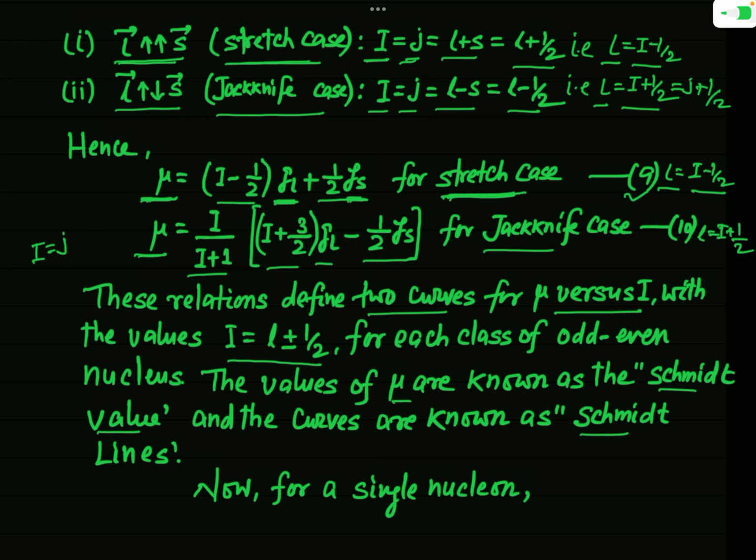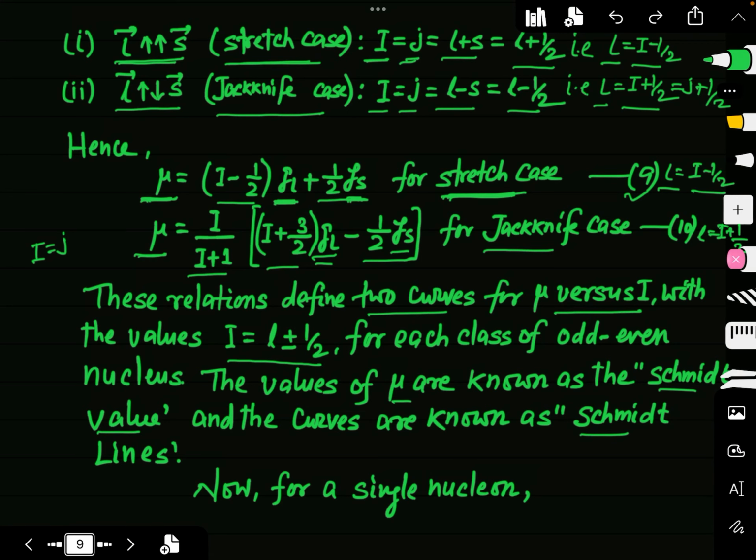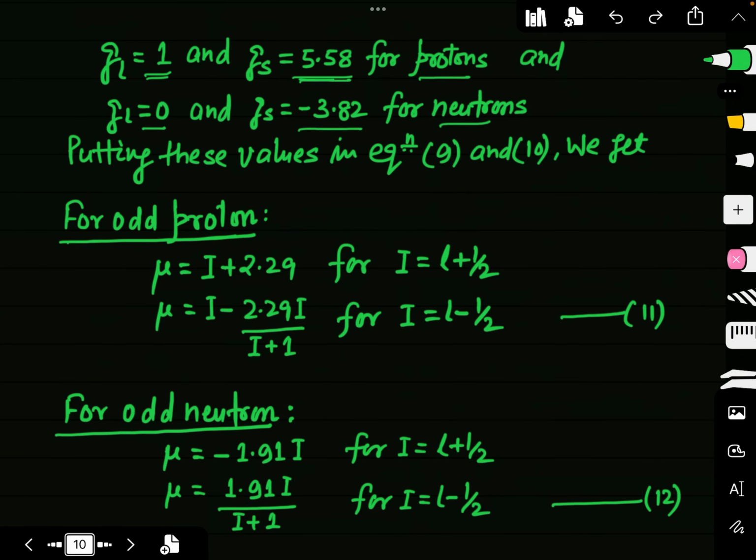Okay, and when we again substitute the values of GL and GS for proton, that is GL equal to 1 and GS equal to 5.58 in the other equation, then again we will get the expression for mu. I have not simplified that expression.